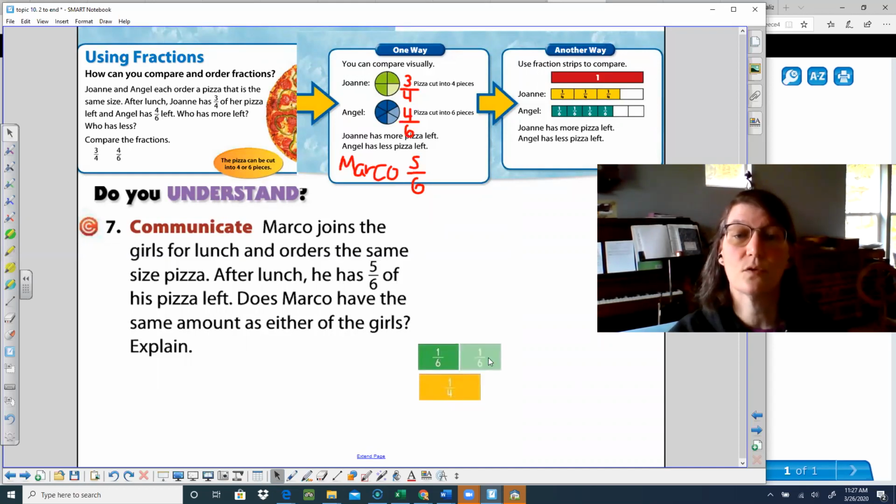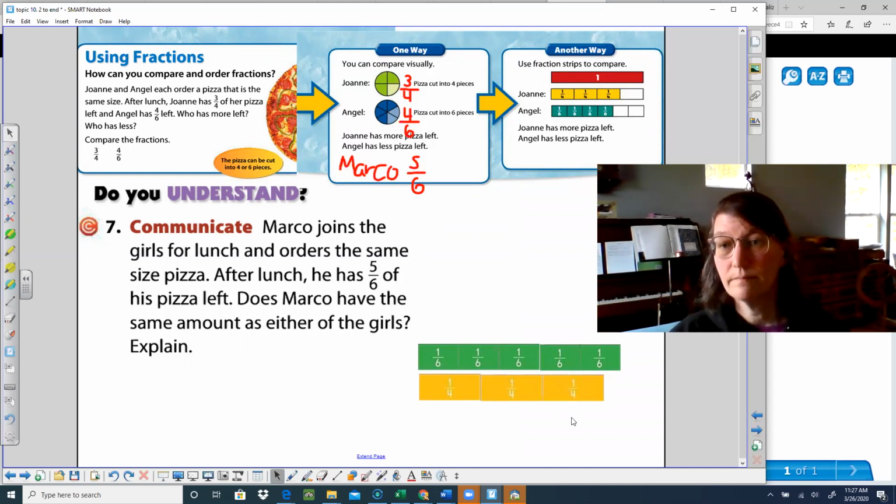So now we have 2, 3, 4, and 5. So we have 5/6, and we want 3/4. 1, 2, 3. Are they the same? No. 3/4 is just a little bit smaller.